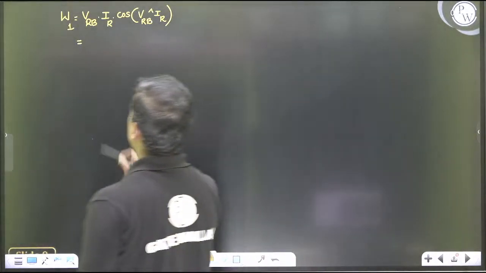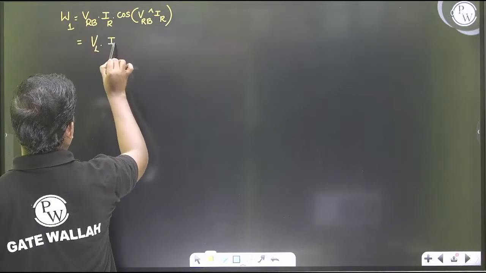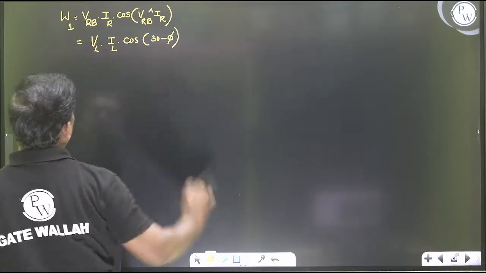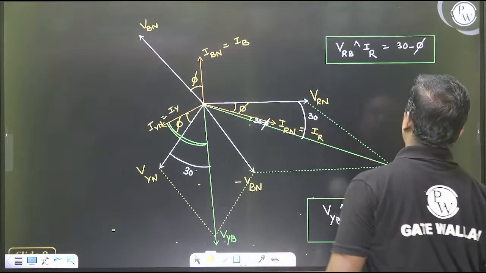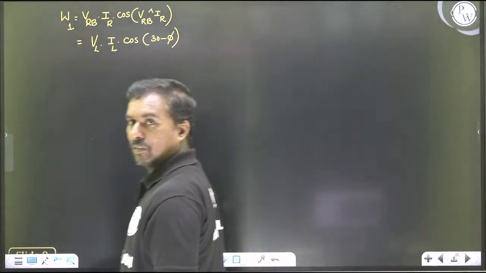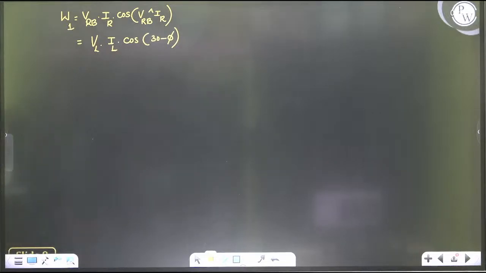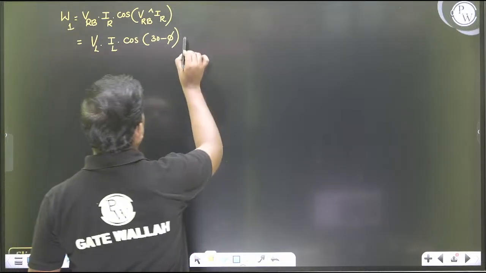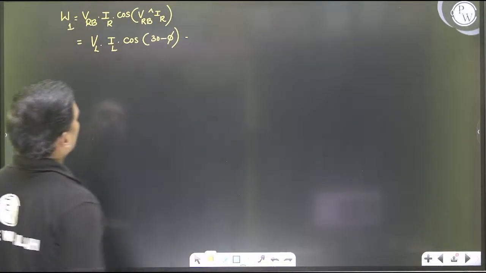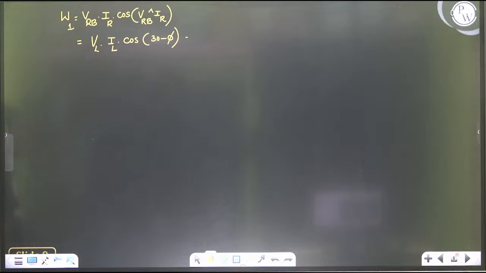So this is the line voltage. Cos of 30 minus 5. VL IL cos of 30 minus 5. So this is W1. Am I right? This is the first expression.